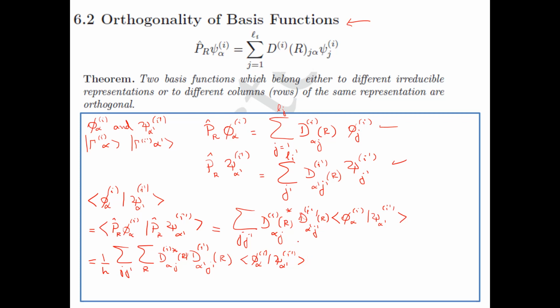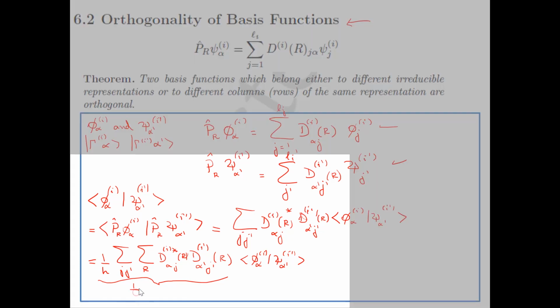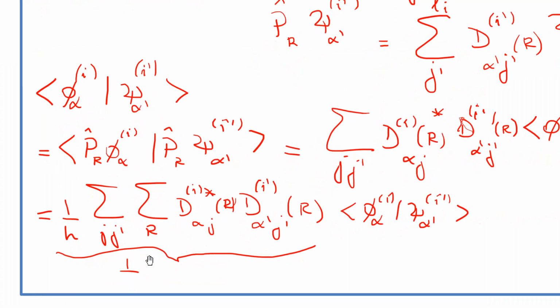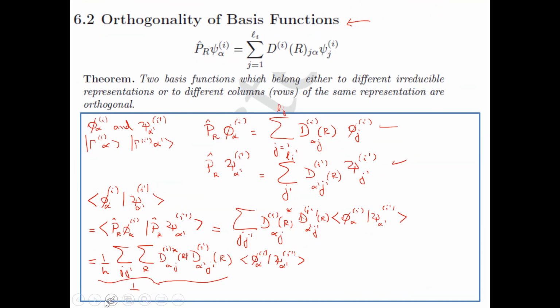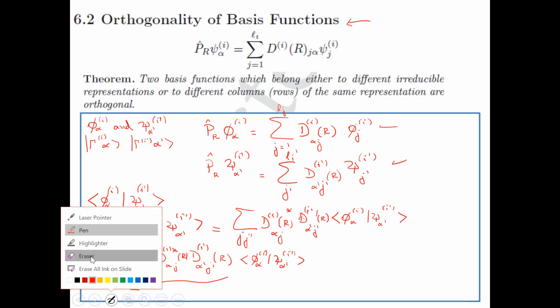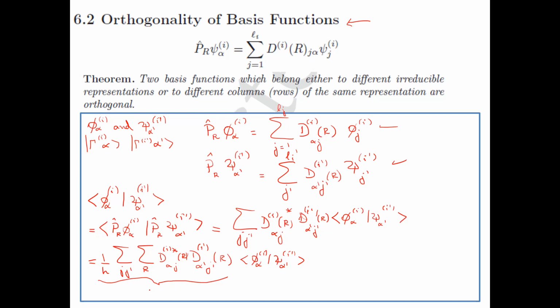All right. So again, using the wonderful orthogonality theorem, we know that this is equal to 1 over Lj, a bunch of deltas.